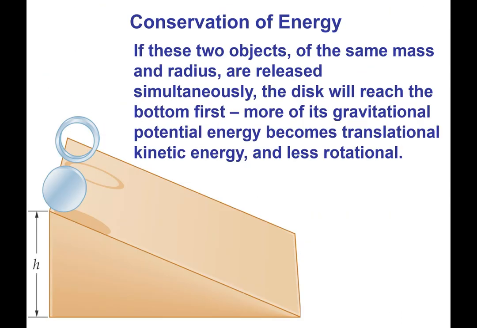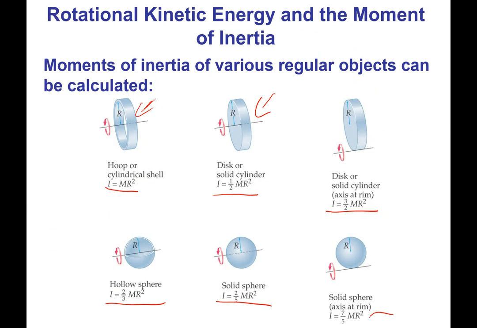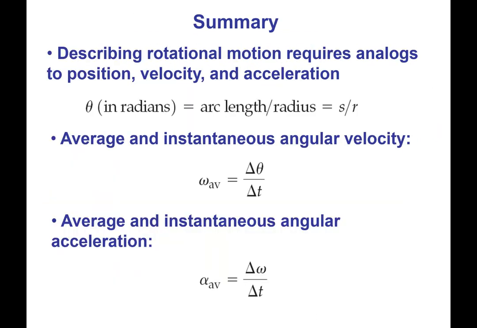So when it rolls down, for the hoop, more of that energy goes into making it go in a circle, because its mass is farther away from the center than a disk, which has mass evenly distributed throughout. That's just referring back to this equation here.